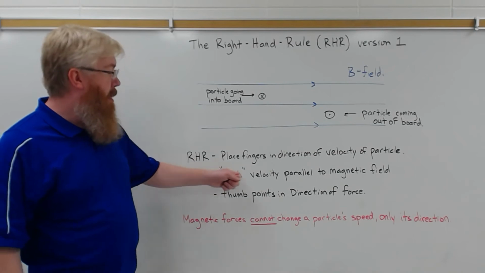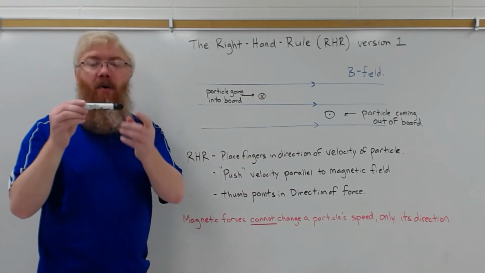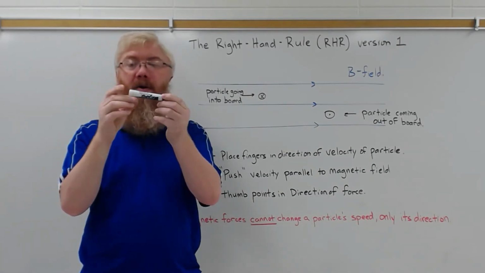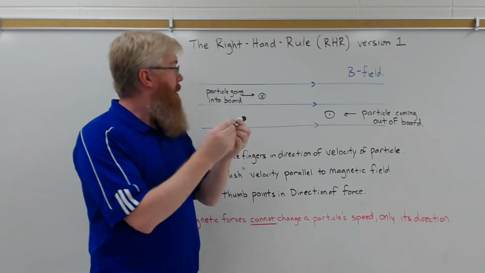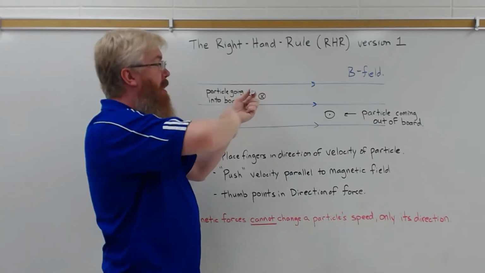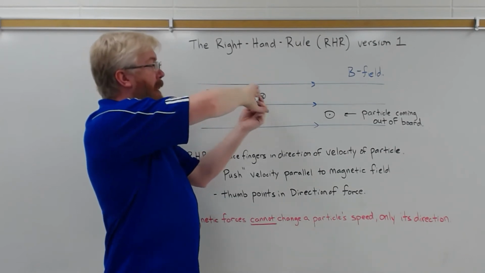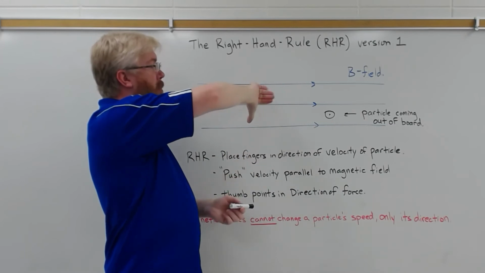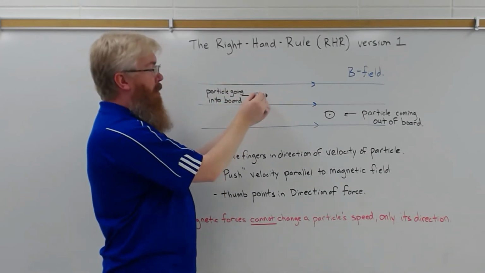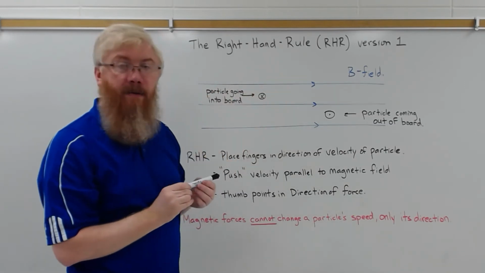Push the velocity of the particle toward the magnetic field. I'm going to use this marker as a little vector. This little cap represents the forward direction of the particle, and back here is the tail end. The particle is going into the board, and my fingers are going into the board. I push the marker so that it points in the direction of the magnetic field, and the magnetic field is going to the right.